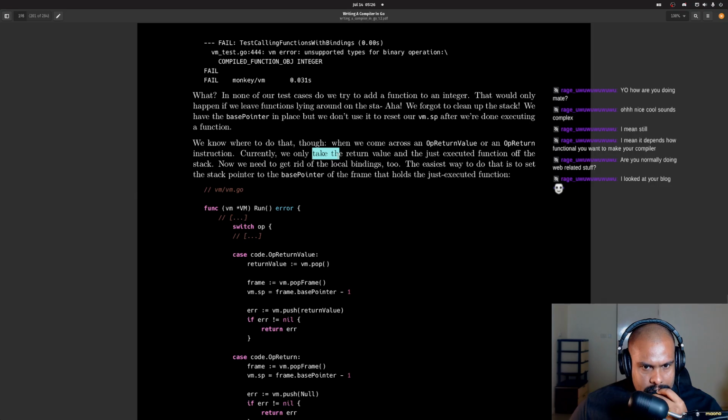Currently, no. We only take the return value and just the executed function off the stack. Now we get rid of the local bindings too.